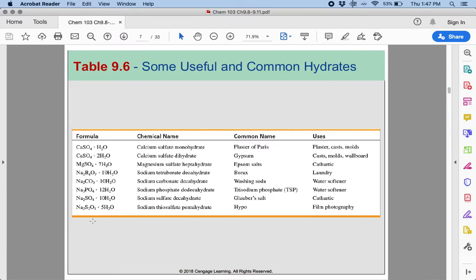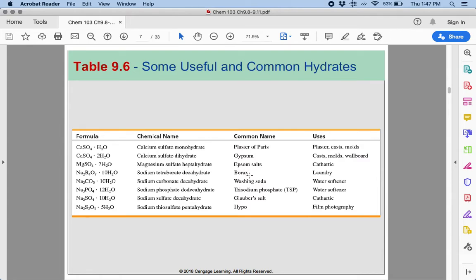So for example, when we see hydrates, they look like this when we write the formula. We would have calcium sulfate monohydrate, which means we have one water molecule bound to this overall solid compound. This is part of what makes things like casts and molds. Another one that we see a lot is borax.